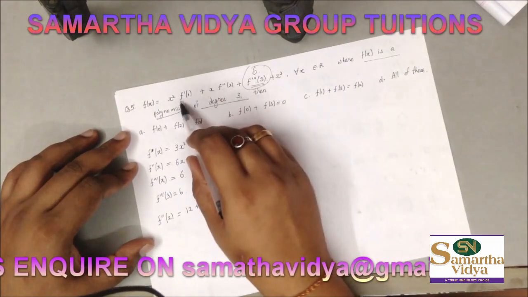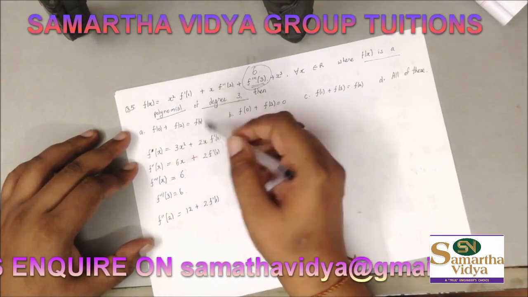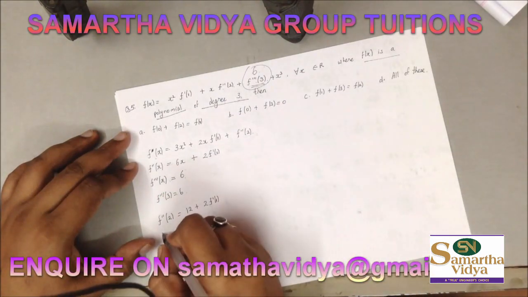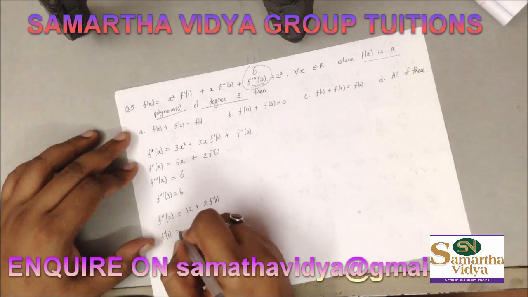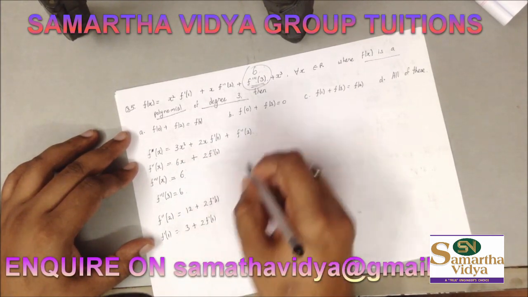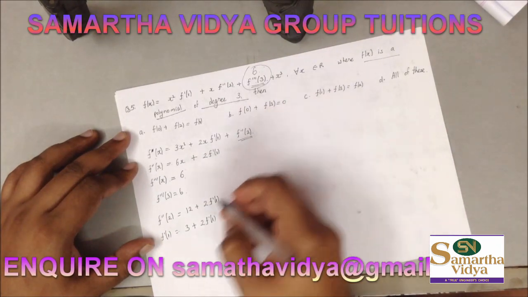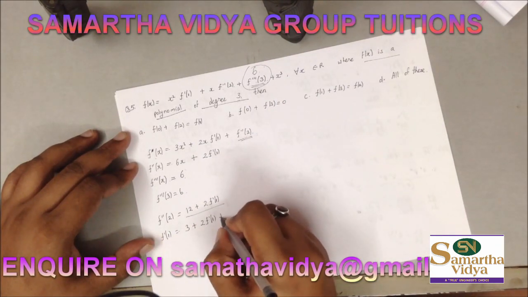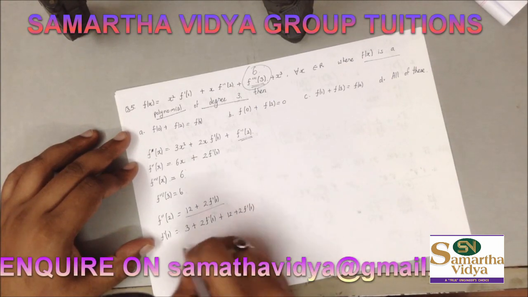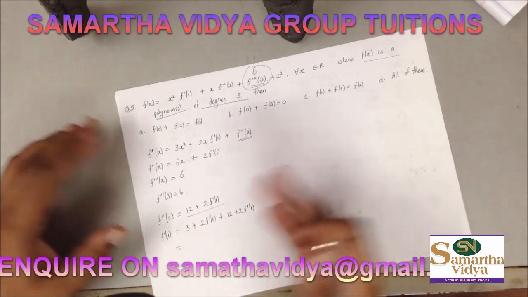We have seen this term, let's see this one, f dash of 1. That means I need to substitute 1 in this. So f dash of 1 is going to be 3 plus 2 f dash of 2, and we have already found that, so let's substitute it.